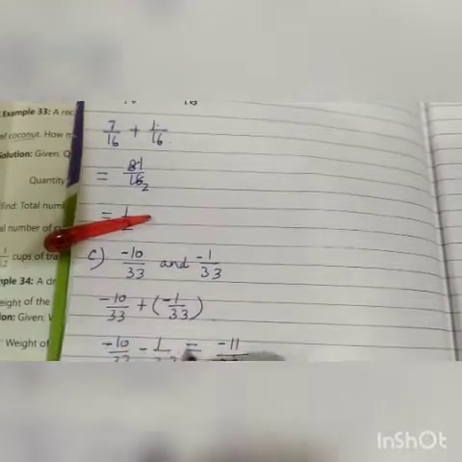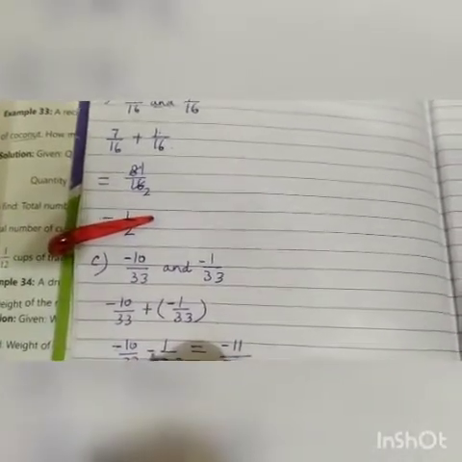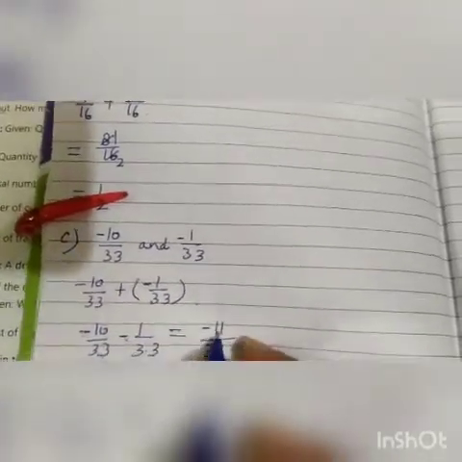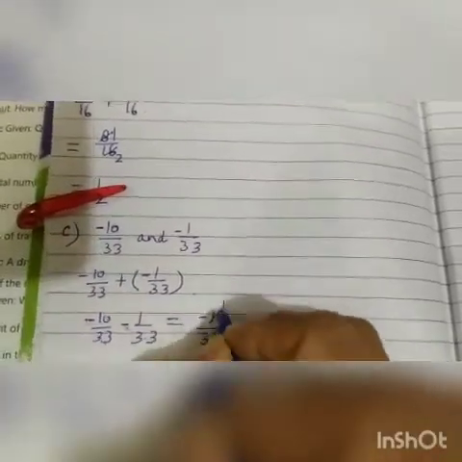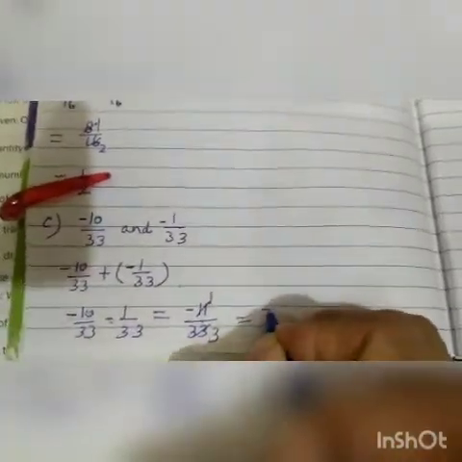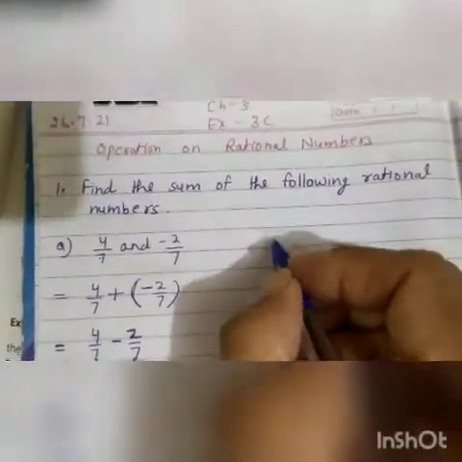Minus 10 minus 1, both signs are the same. We will add their numerical values and put the same sign. So it is minus 11 upon 33. 11 ones are 11, 11 threes are 33. It will be minus 1 upon 3. Clear?